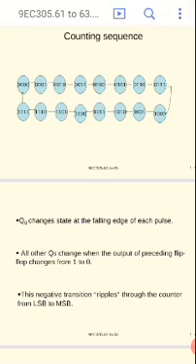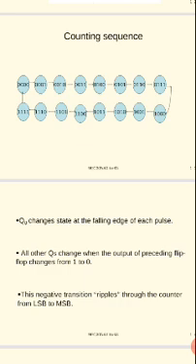All other Qs change when the output of the preceding flip-flop changes from 1 to 0. This negative transition ripples through the counter from LSB to MSB.